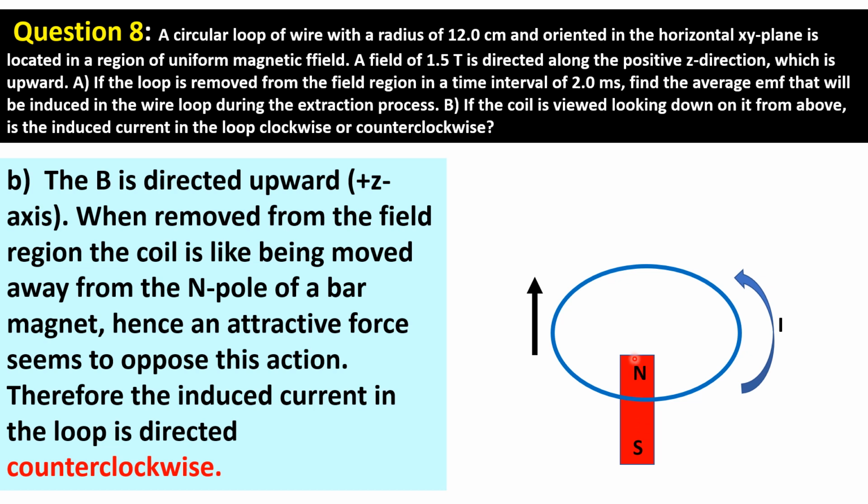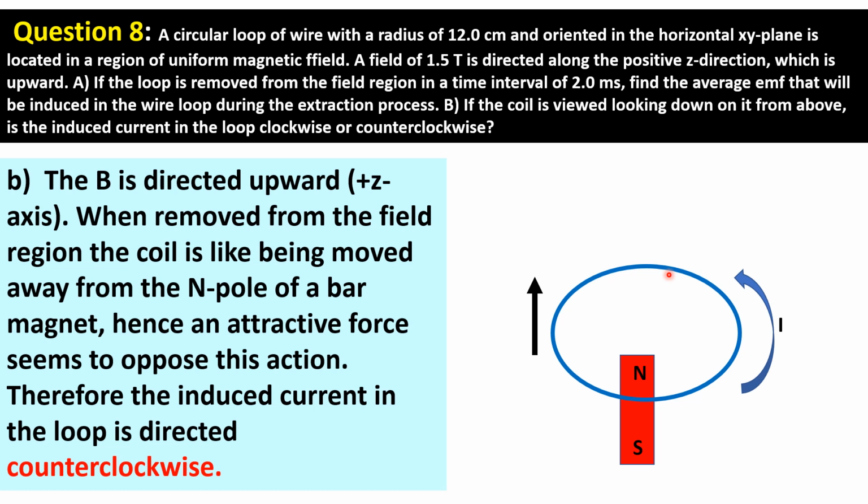In short, you can imagine while the coil is being moved upward, as indicated by this arrow, such upward motion of the loop will result in a magnetic field where the polarity of the magnetic field induced in the coil is such that what is pointing to the bar magnet is the south pole.